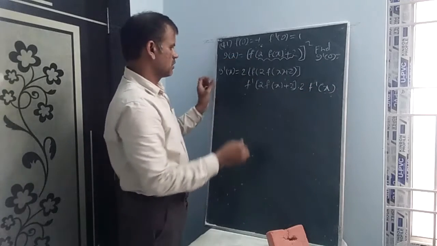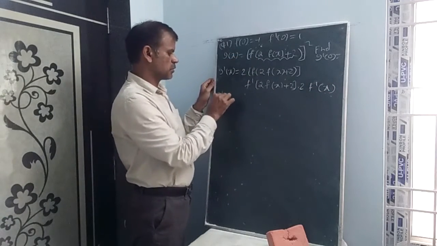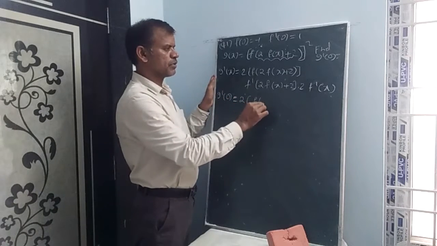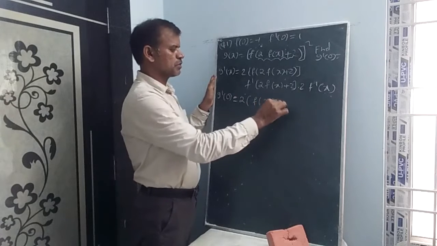Now at x equal to 0, g dash of 0 is equal to 2 into f of 2f of 0 plus 2.